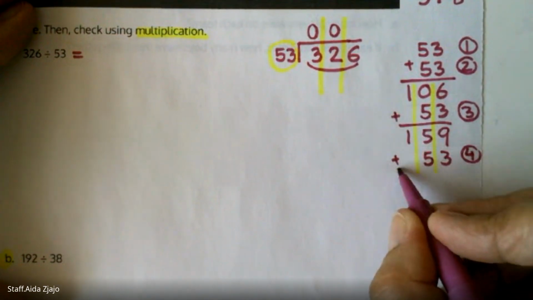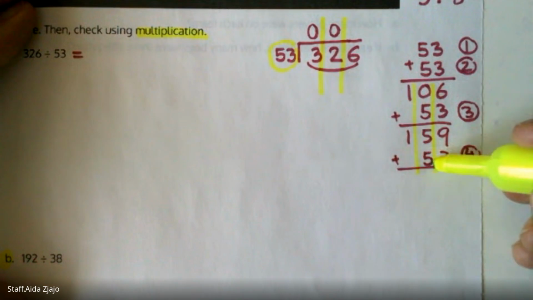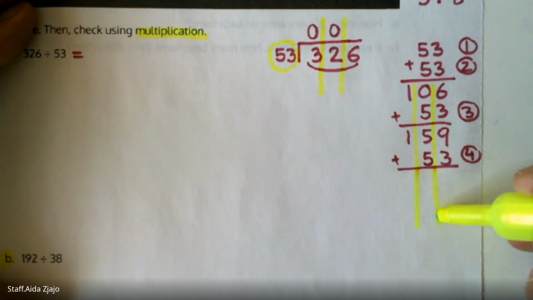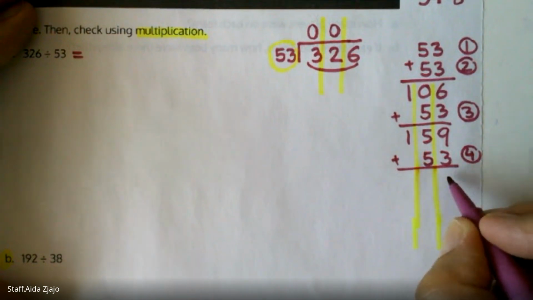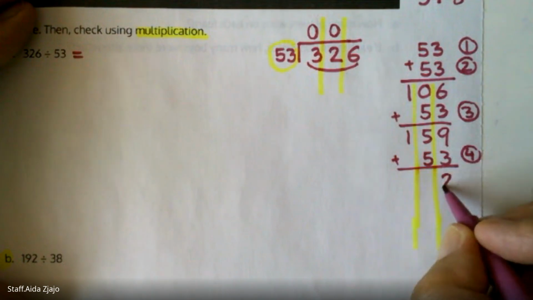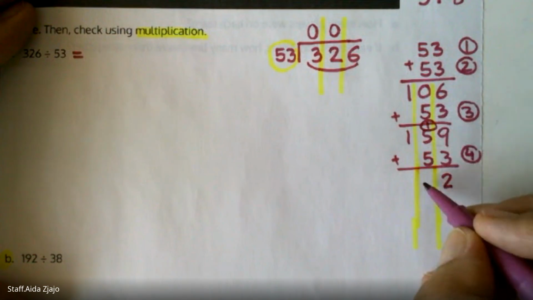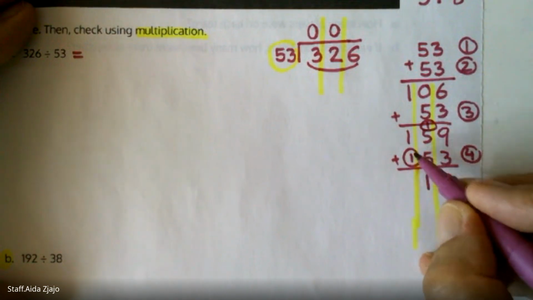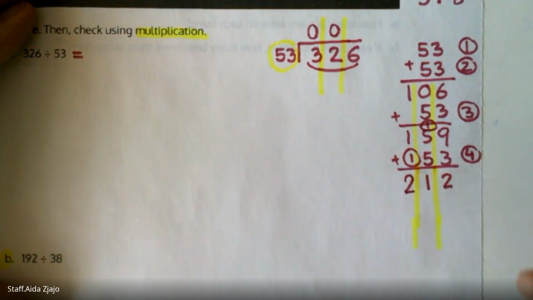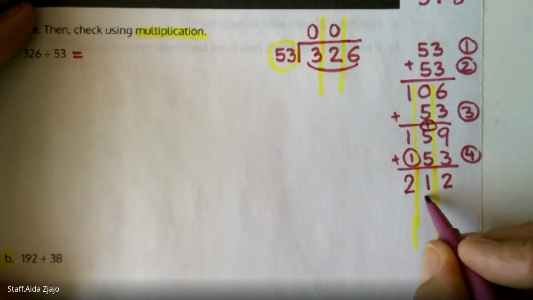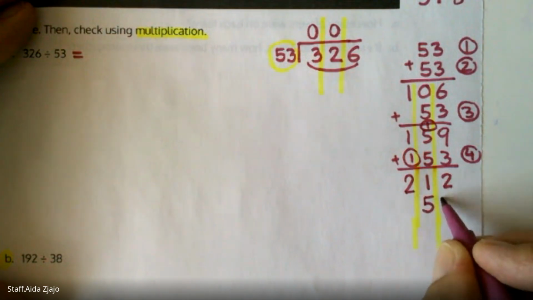That will be the fourth one. Again, I draw lines through it, so I make sure that I am good. 9 plus 3 is 12. Remember 1. So 5 plus 5 is 10, plus 1 is 11. I create 212. Now I add 53 again.